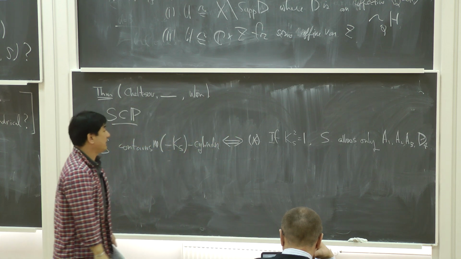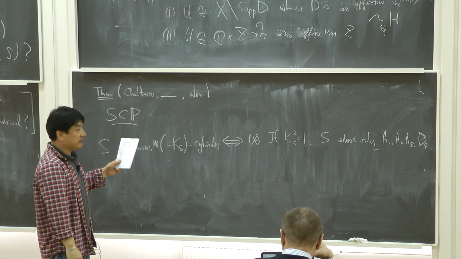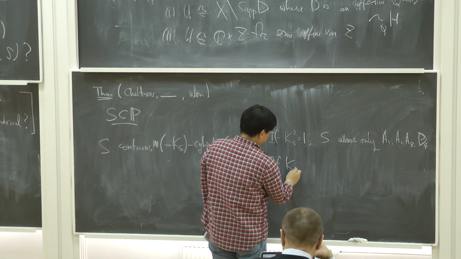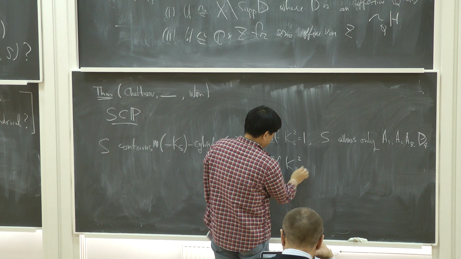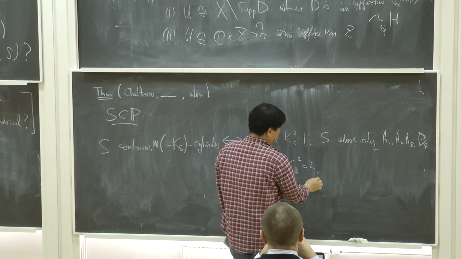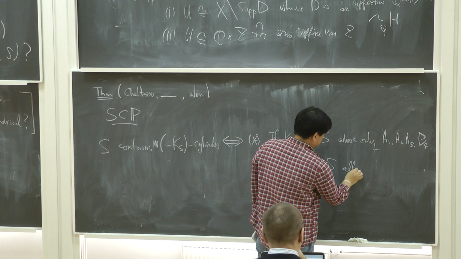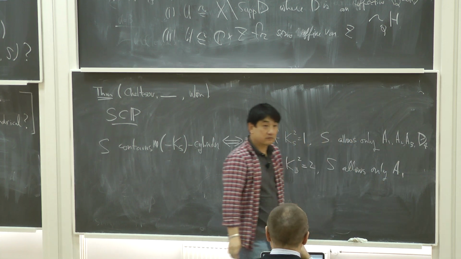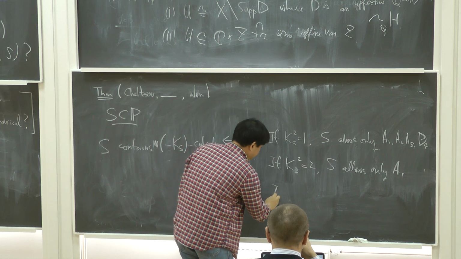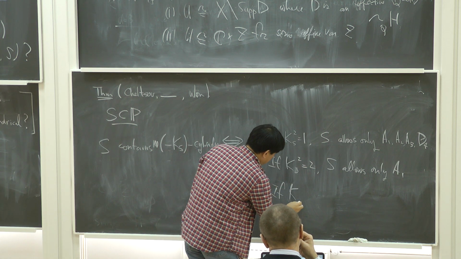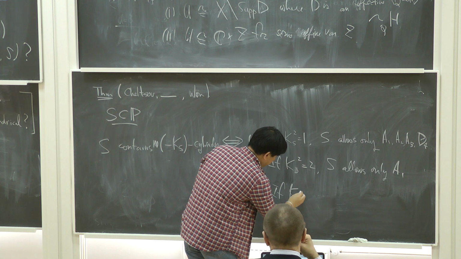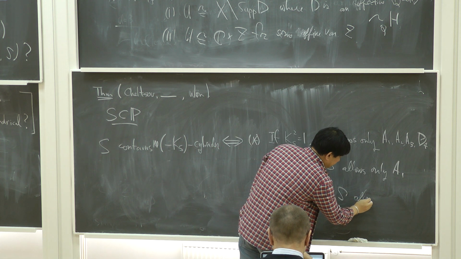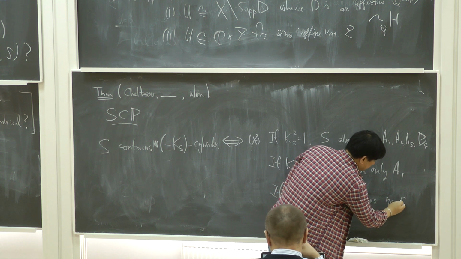If it contains the other type of singularity, then it will contain the cylinder. If the degree is 2, then the S allows only A1 singularity. Right? And if we consider the cubic case, then S allows no singularities.